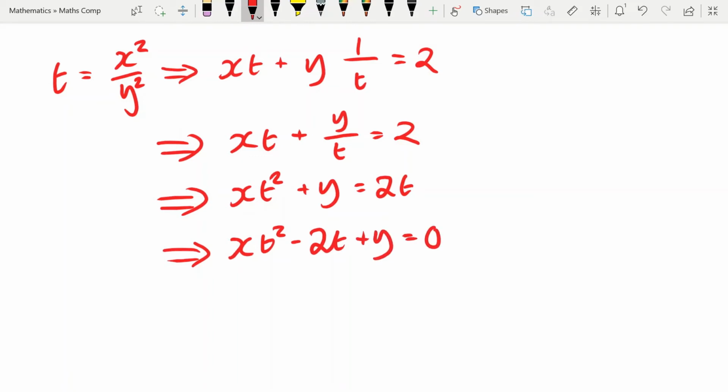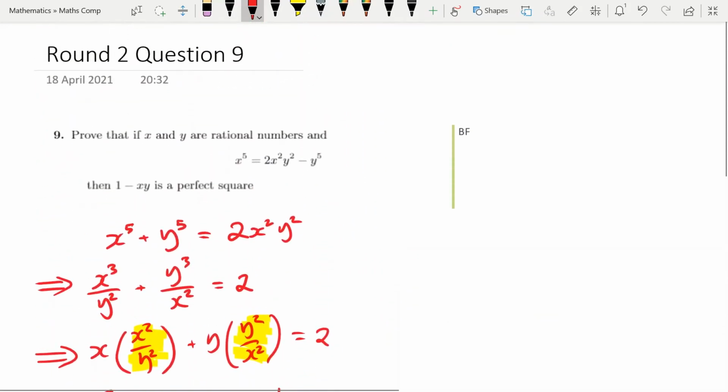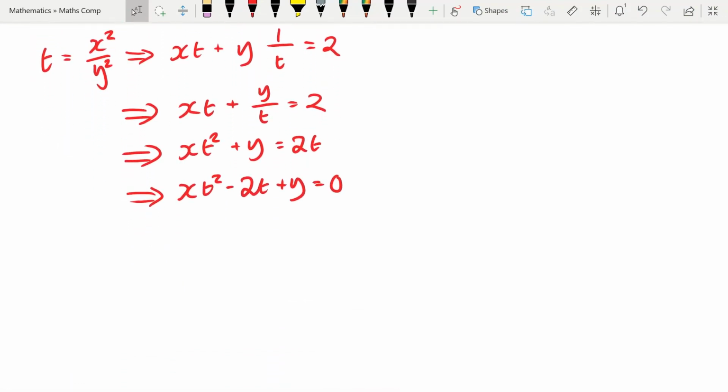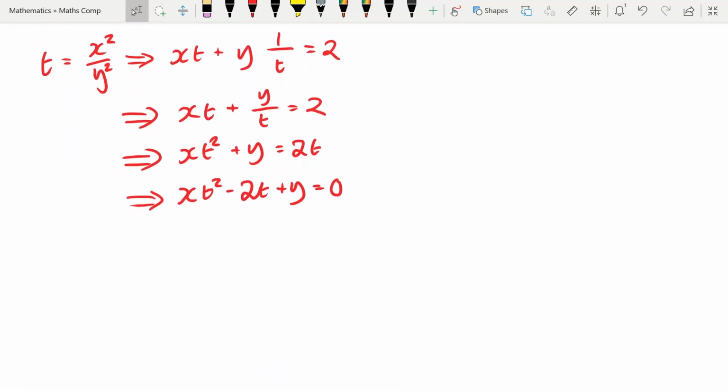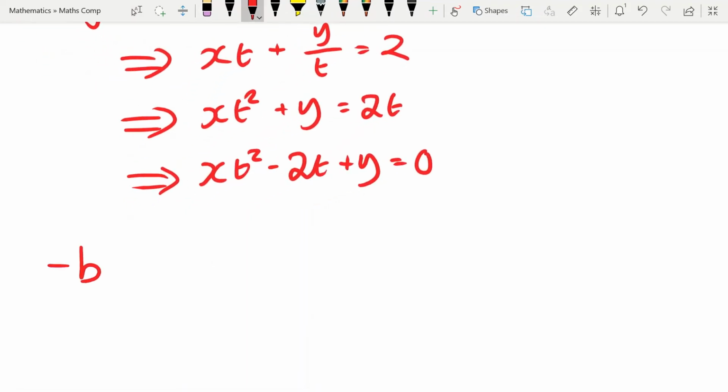With this quadratic in t, we're looking for rational numbers that satisfy this equation. So if the roots of this equation are rational, then recalling the quadratic formula, minus b plus or minus the square root of b squared minus 4ac over 2a.